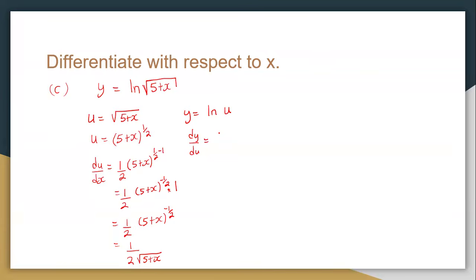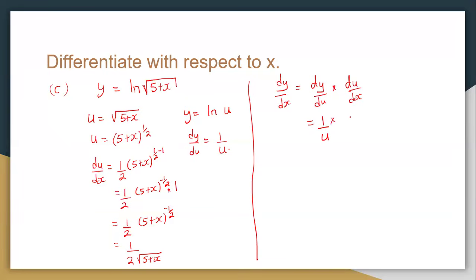dy du is just 1 out of u. So our dy dx is dy du multiplied by du dx. For dy du, we have 1 out of u, and then du dx is 1 over 2 root 5 plus x.